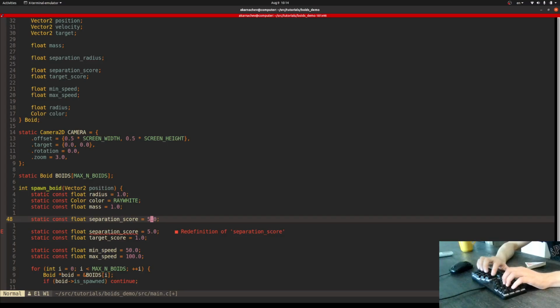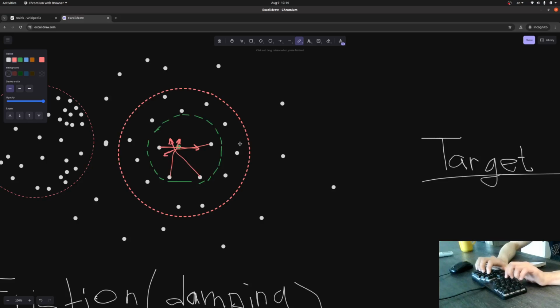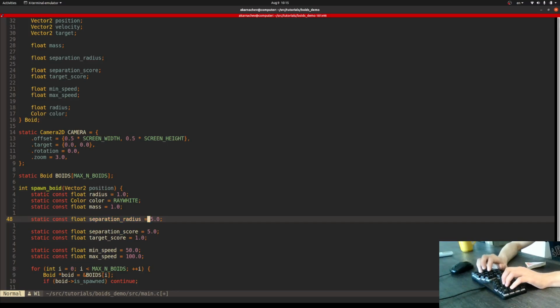And separation radius, let's say, I don't know, maybe 10 times larger than the Boid itself. I think it's fine.